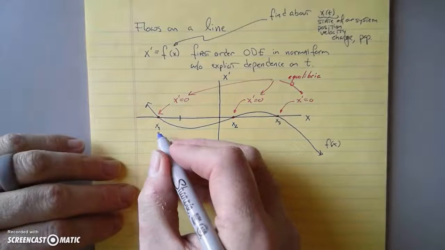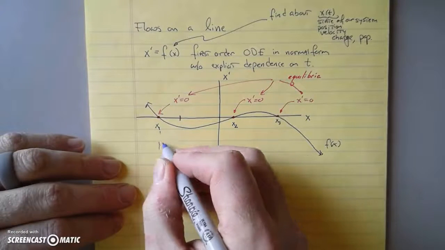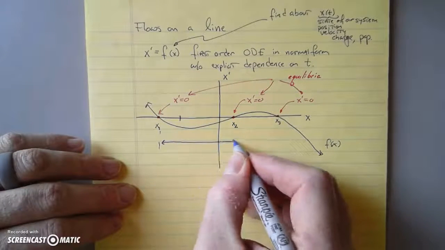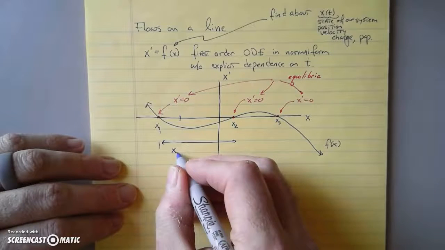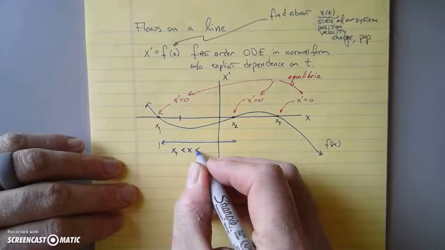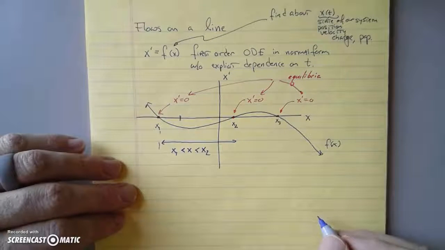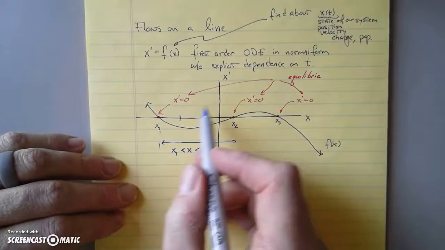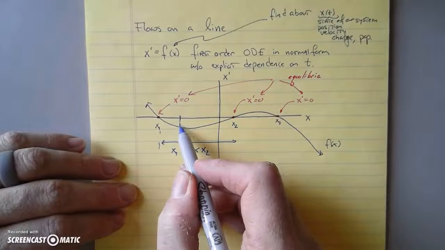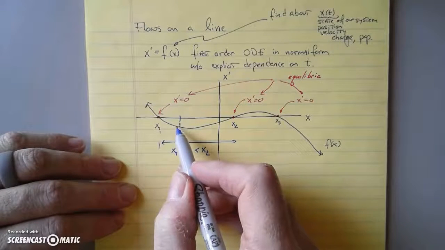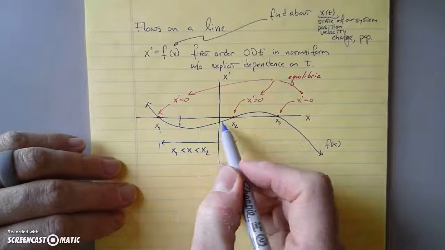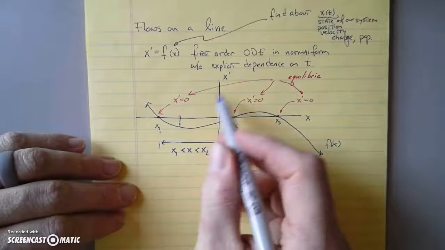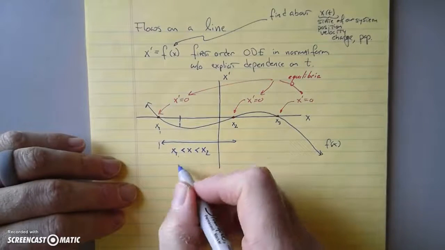So if we were between x1 and x2, so our system is between these two values, what happens? Well, the value of x prime is given by going to the curve. This part of the curve is below x prime equals 0. It's negative.